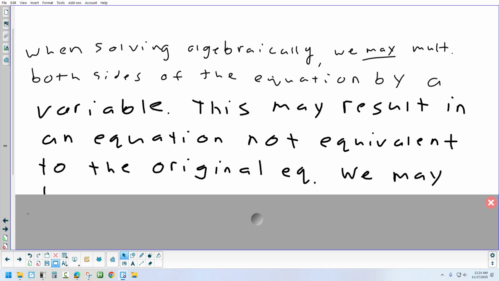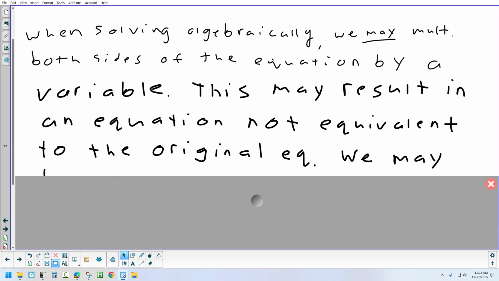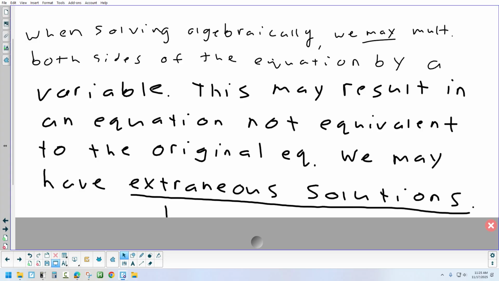When we multiply both sides by a variable, what can happen is we make an extra answer that shouldn't be there. It's not that we did anything wrong. It's just because you multiplied by a variable, you can create an answer that shouldn't be there. That answer is called extraneous.